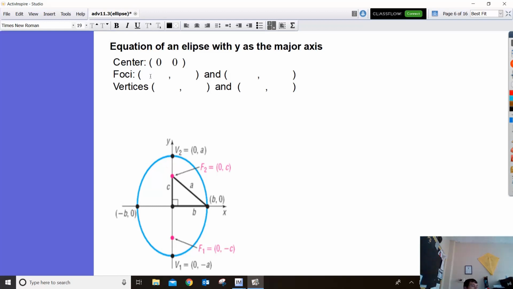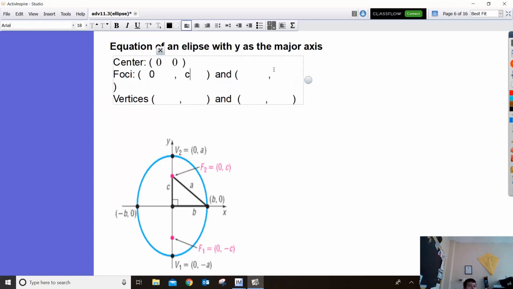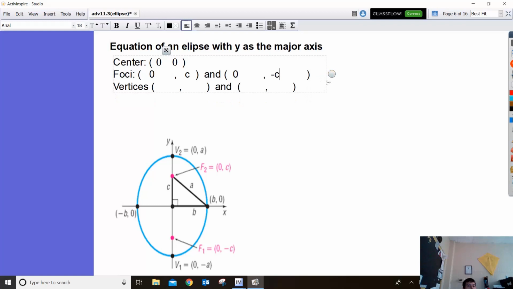So it's not C, 0 and negative C, 0, it's 0, C and 0, negative C. Your major vertices have moved to the y-axis as well. So we have 0, A and 0, negative A.